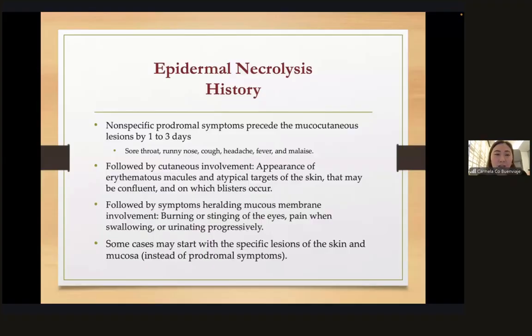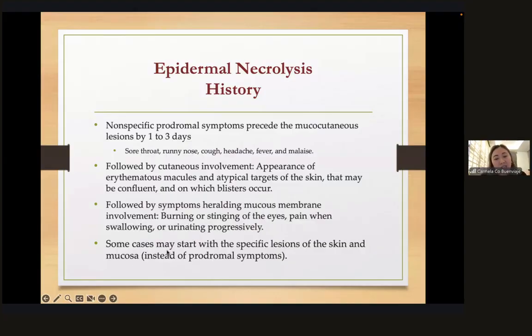So it's really, really bad. It's followed by symptoms heralding mucous membrane involvement. There's going to be the start of burning or stinging of the eyes, pain when swallowing or urinating, progressively. There will be at least two mucosal involvements.